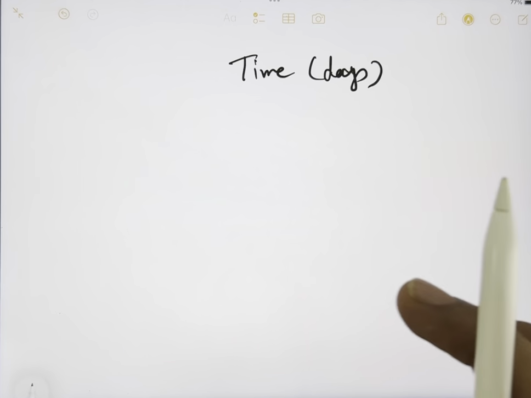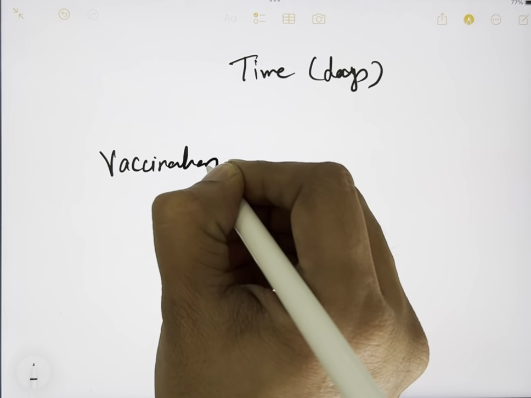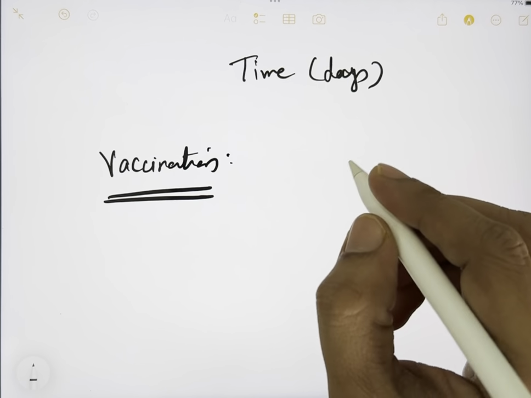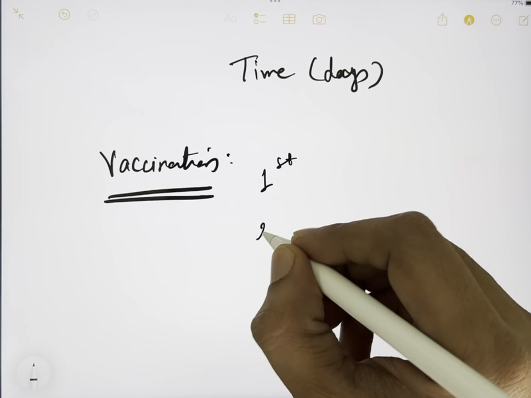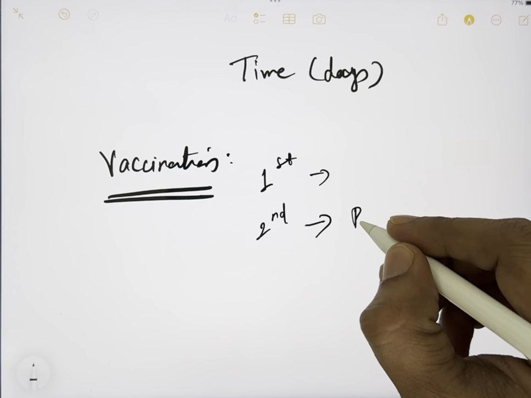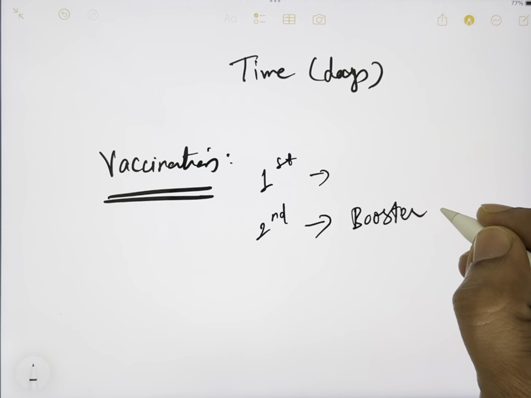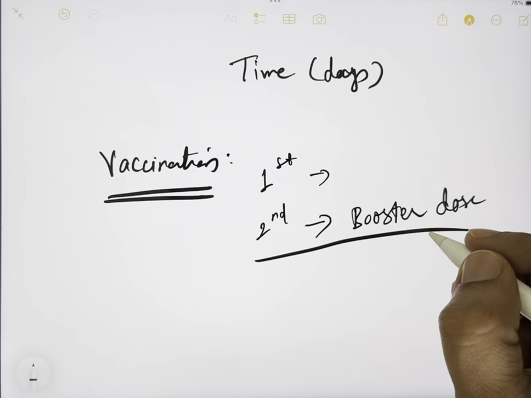And this is the logic behind vaccination, especially vaccination with dead bacterial or viral antigen. Usually there will be one or two or more doses. The first dose is called the primary or priming dose, and the second dose is known as the booster dose. Why do we take vaccination in 2 doses or more? It acts as a booster dose.